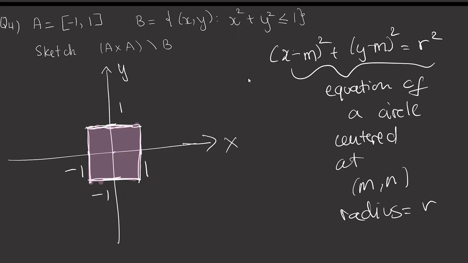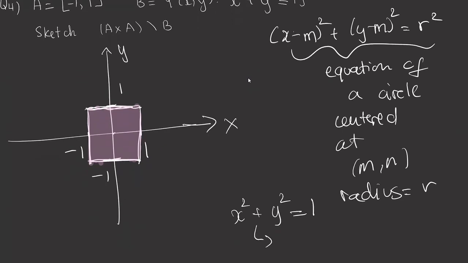And if you think about x squared plus y squared equals 1, it is a circle centered at 0, 0 with radius equal to 1, because 1 is actually 1 squared.